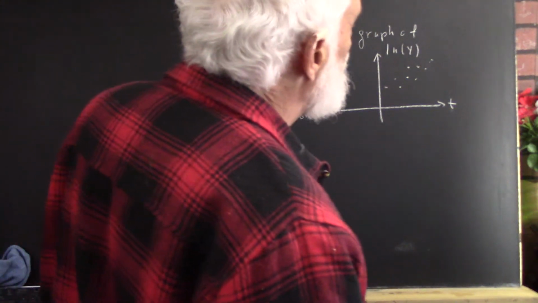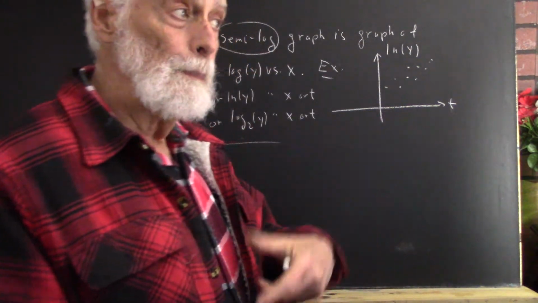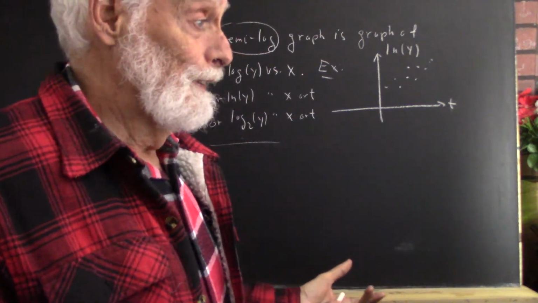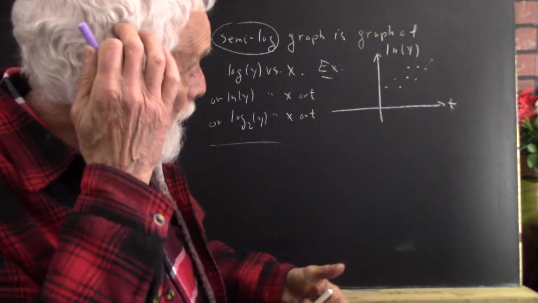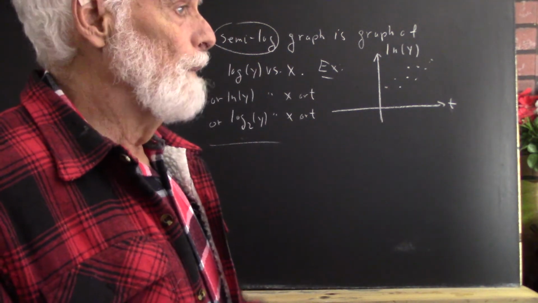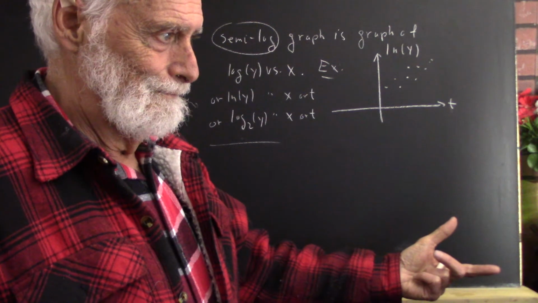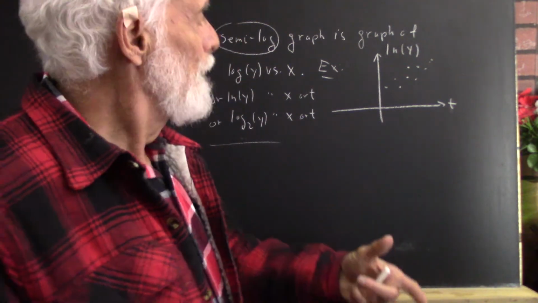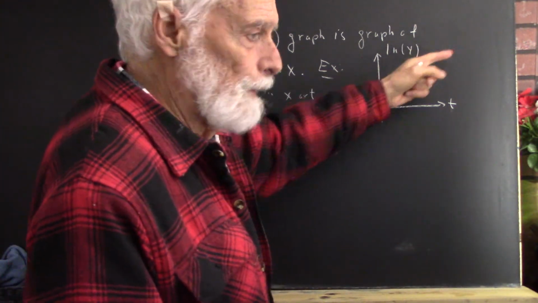Now, I like, and I will be asking on a test, that you be able to hand sketch a graph and then make your best estimate to what line comes closest on the average to these points.